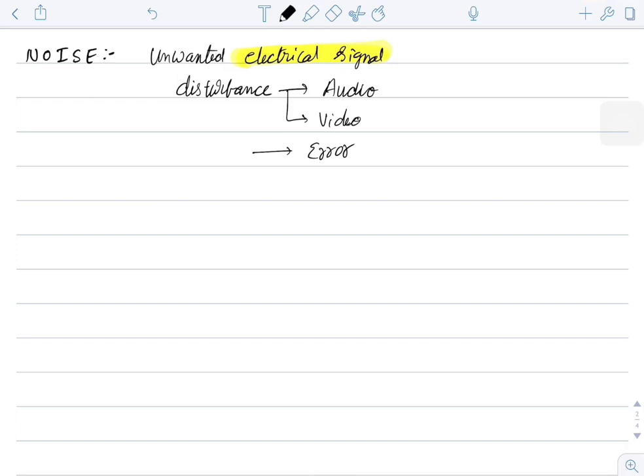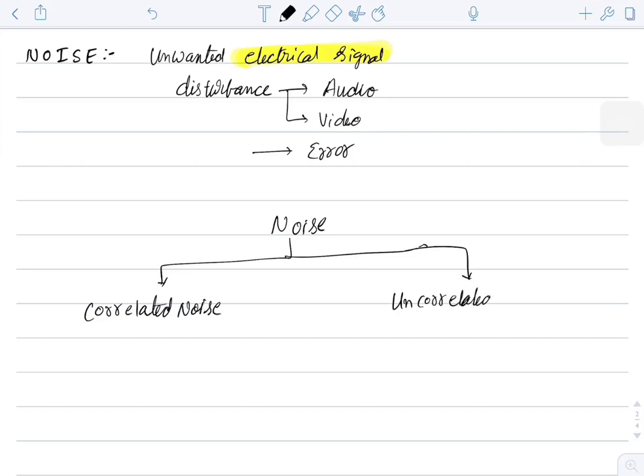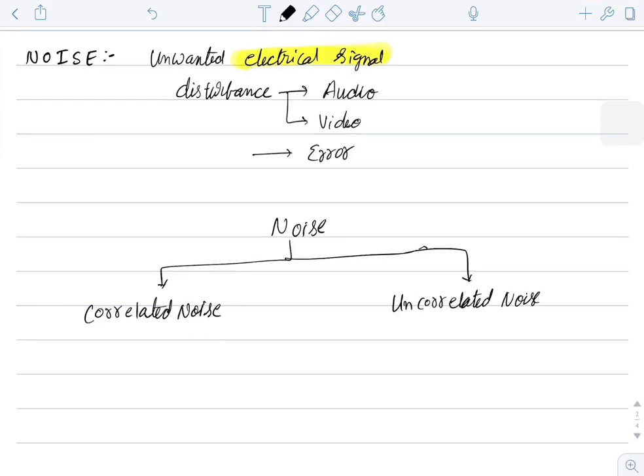Before going into the further topics on noise, let us see how we categorize this noise. Noise is categorized into two parts: correlated noise and uncorrelated noise. Now, correlated noise. Let us say you are listening to FM. While you are hearing, if you see any type of disturbance other than the voice signal from the transmitter, you call it correlated noise.